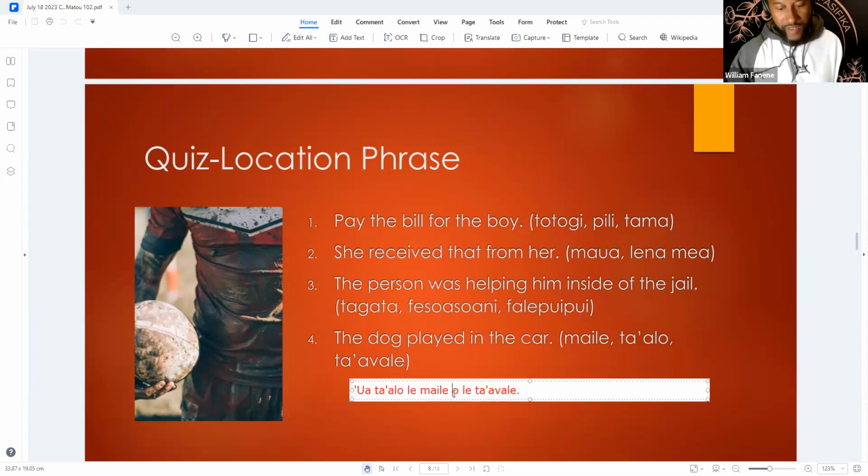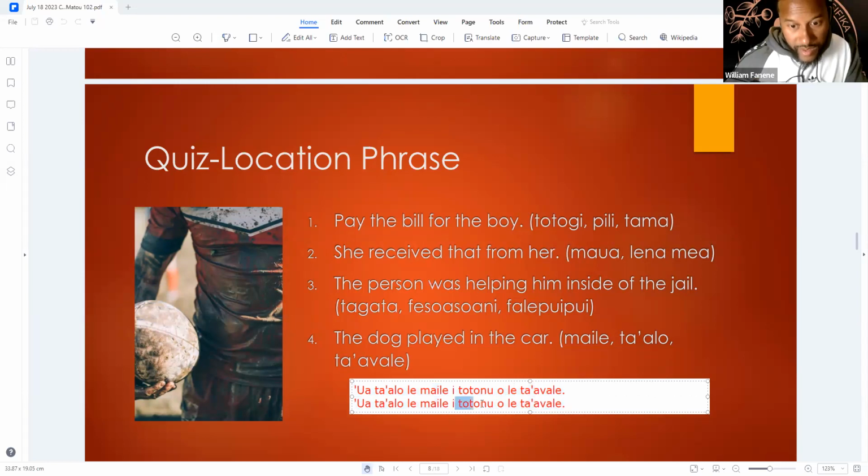Yep. So i totonu or i tutonu o le ta'avale. So inside of the car or in the car. And then again, this could also be interchangeable. People would probably just say, i le ta'avale. They might say it like that, or they might say it like this.